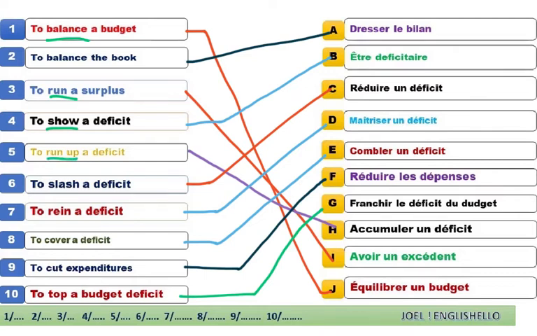To run up a deficit, accumuler un déficit. All right. To slash, réduire, to slash a deficit. To rein in, ici, maîtriser, être reine ou roi. To rein in a deficit. To cover a deficit here.